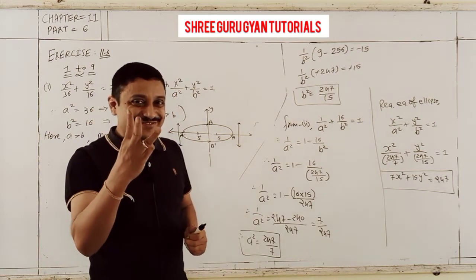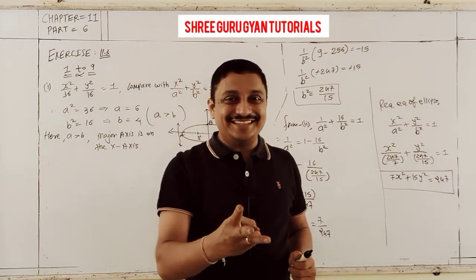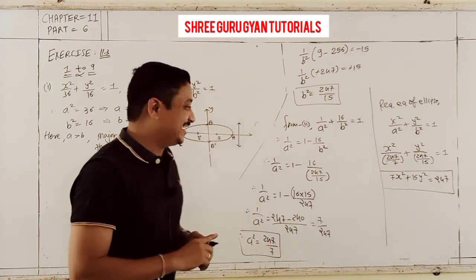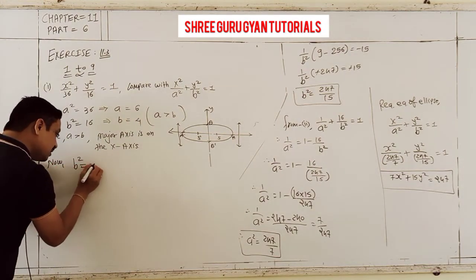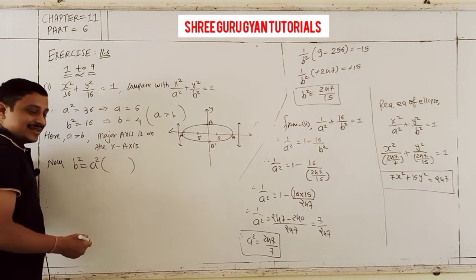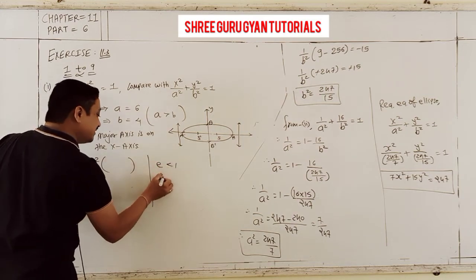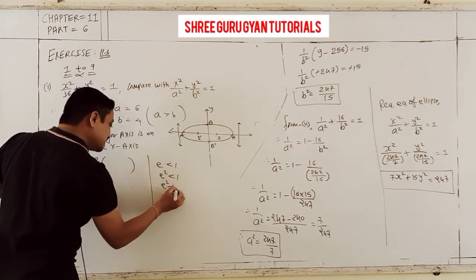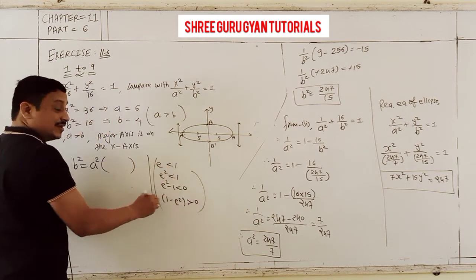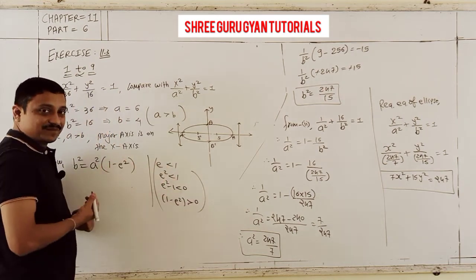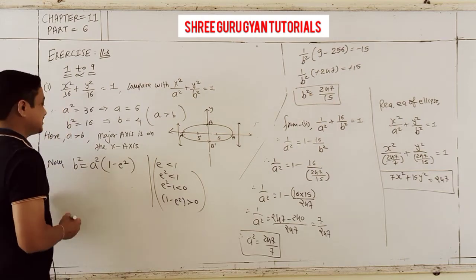Now formula number 3, it is related to eccentricity: b square is equal to a square times (1 minus e square). Yes, e less than 1, e square less than 1, e square minus 1 less than 0, 1 minus e square greater than 0. Now in a simple way you can decide your value.